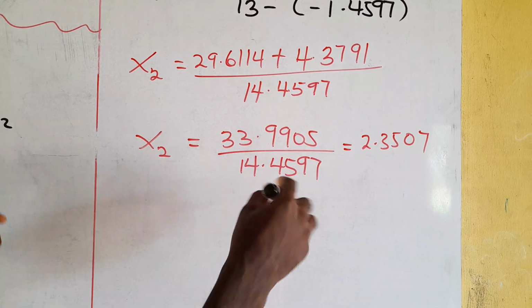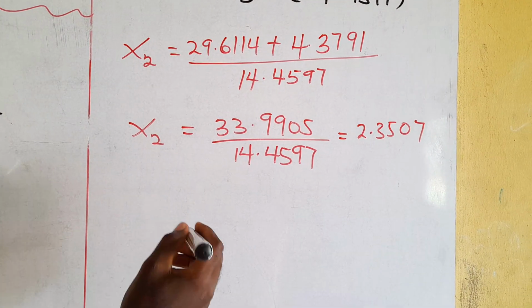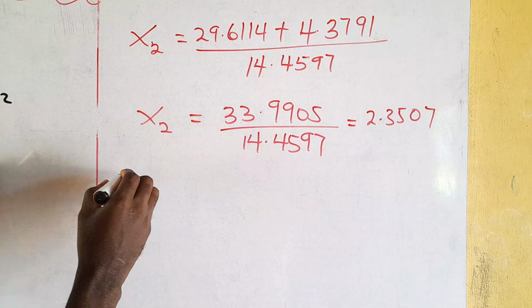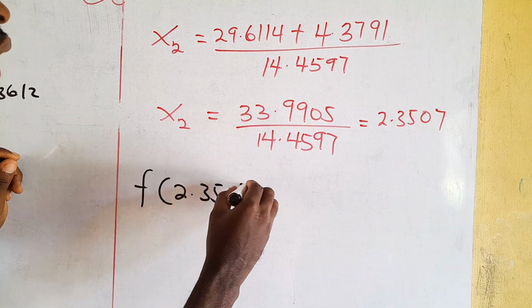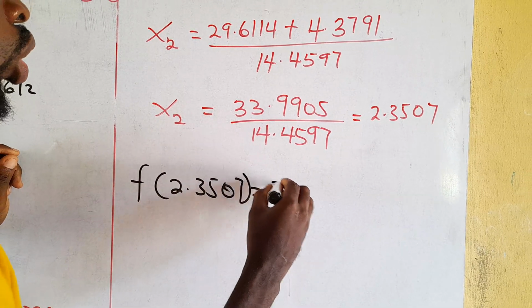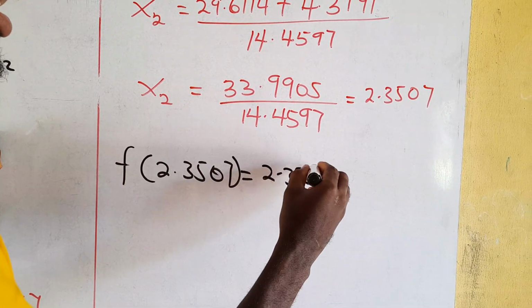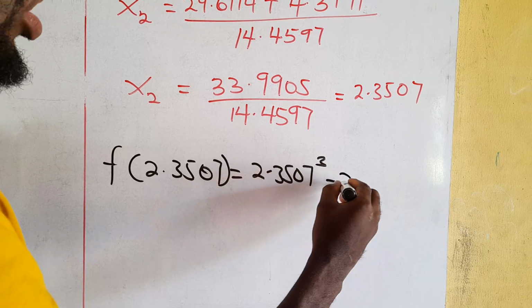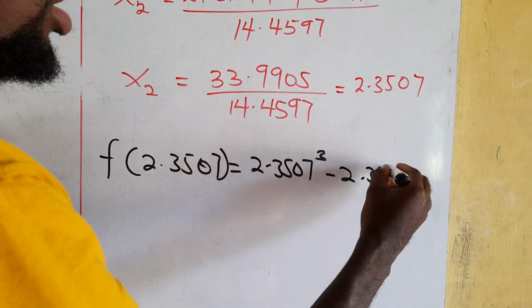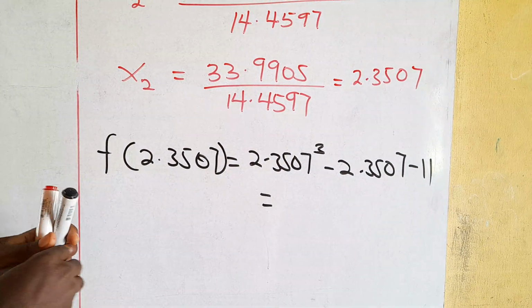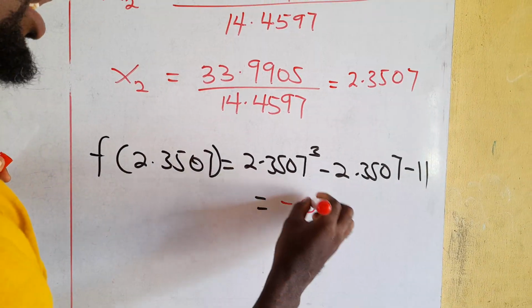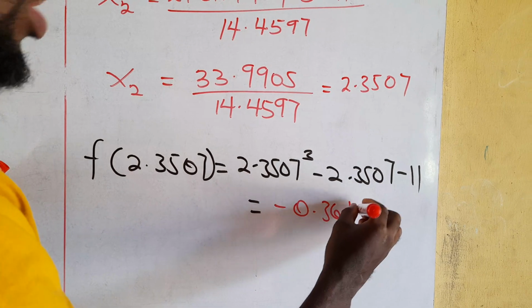Now we substitute the second approximation into our function again to see what outcome it will produce. So we find f of 2.3507. That will be equal to 2.3507 exponent 3 minus 2.3507 minus 11. When we do that, it will give us negative 0.3612.